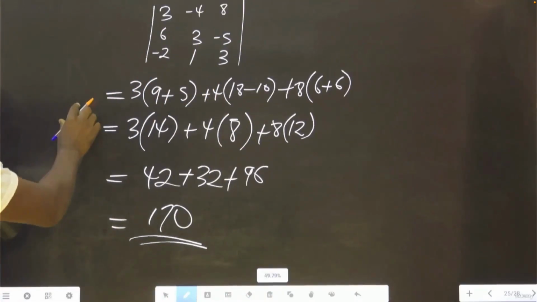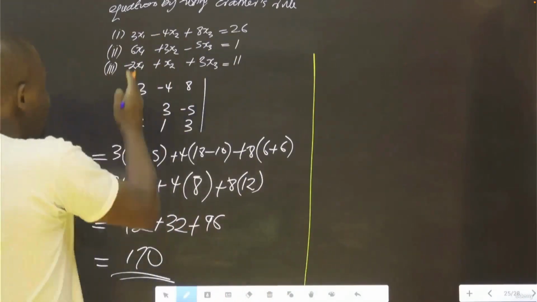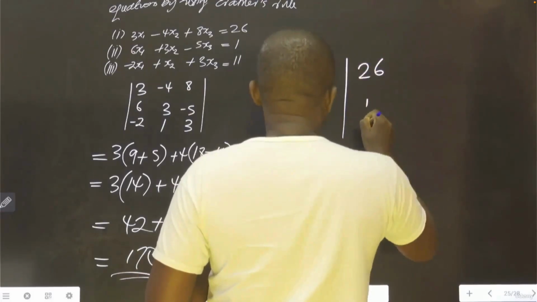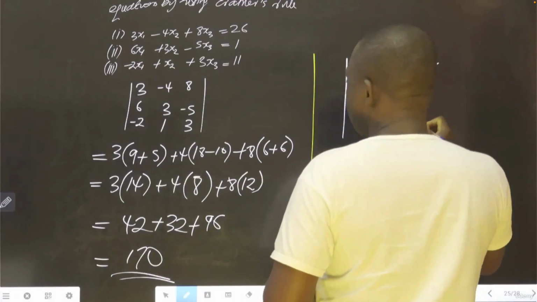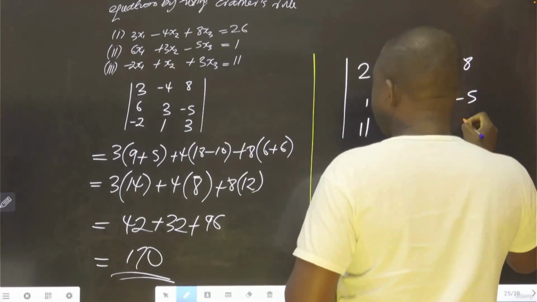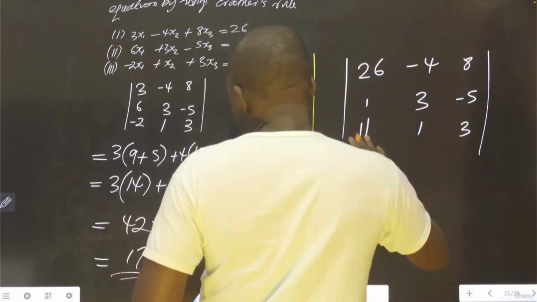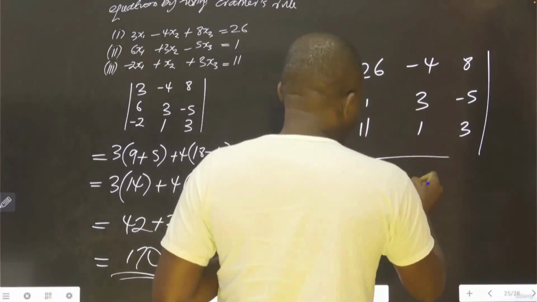Now, to get x1, all these coefficients, we're going to replace them with this. That is 26, 1, 11. Then we retain the other ones. Once you get the determinant, divide by 170.